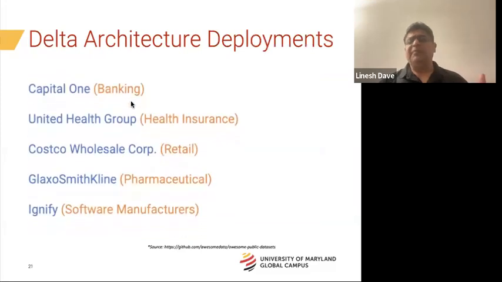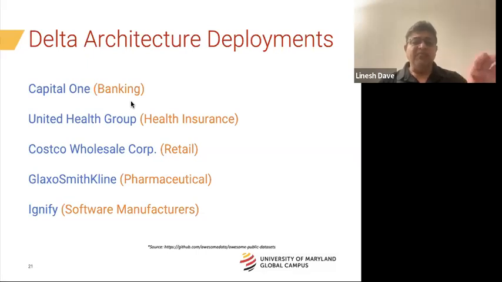So there are multiple deployments of Delta architecture. There's Capital One in banking, United Health Corp in health insurance, Costco in wholesale and retail, GlaxoSmithKline in pharmaceutical, Ignify, also one of the software manufacturers. And the list can go on, guys. This is not just the only companies that are using it. I just picked a few examples to put up on the slide here.